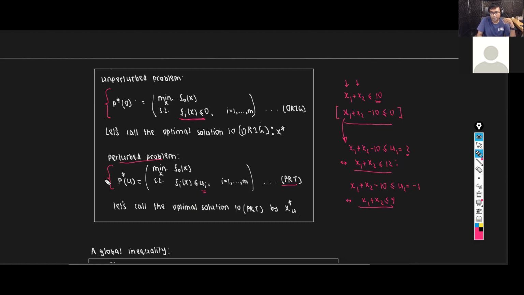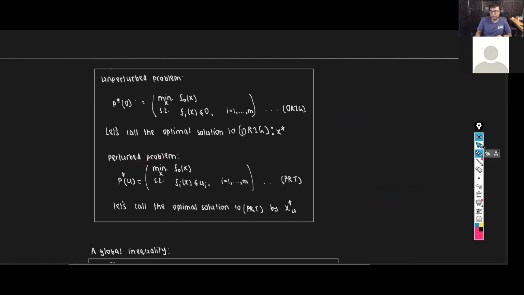In practice, this primal problem could be a very large optimization problem that maybe takes hours to solve, and then for some reason your budget constraints change. Without solving the new problem, can you infer some valuable information just by looking at the dual multipliers of the dual problem? This is our goal.